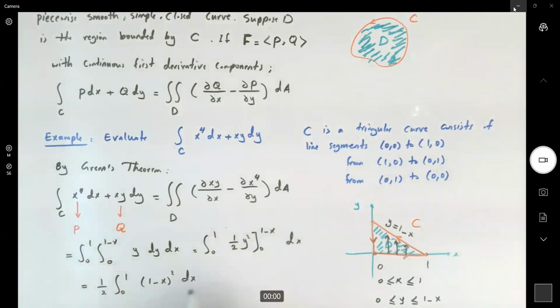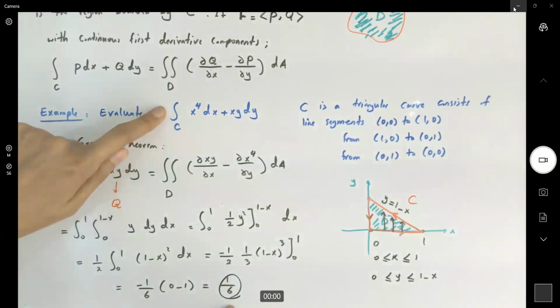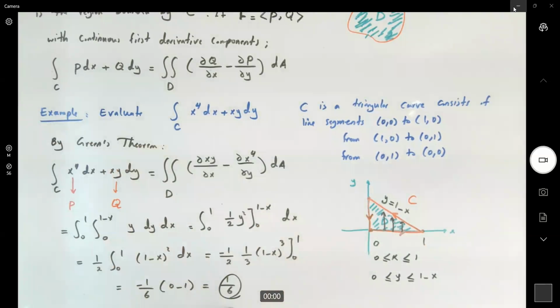Well, you can use u-substitution here and you get negative a half times a third times (1 minus x) to the third, from 0 to 1, or negative 1 over 6 times (0 minus 1), or 1 over 6. So the line integral was converted into a double integral, and we calculated that.